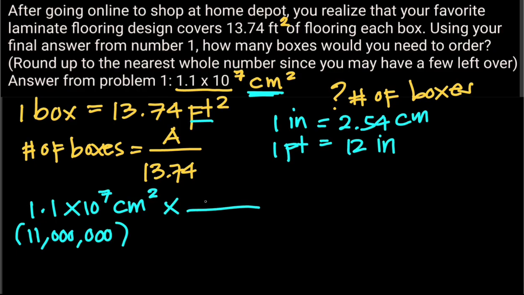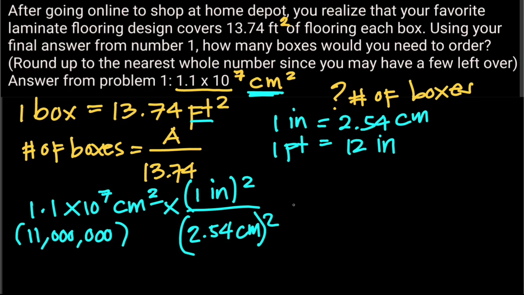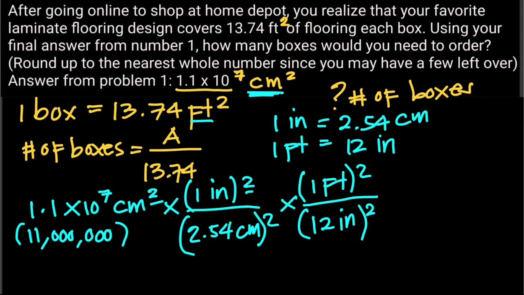So 1 inch is equal to 2.54 centimeters, and since this is squared, we need to square this one, and then we convert inch to foot. So 1 foot is equal to 12 inches. Since this is squared, then we need to square this one too.